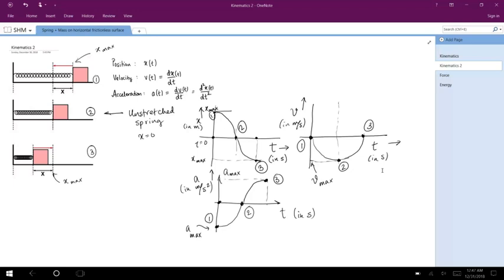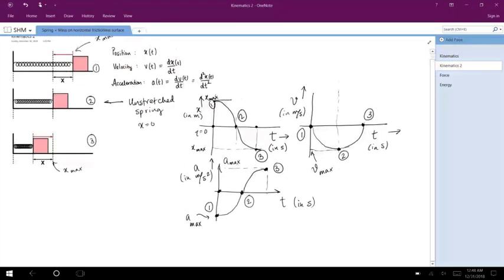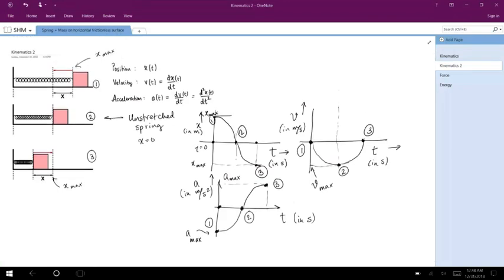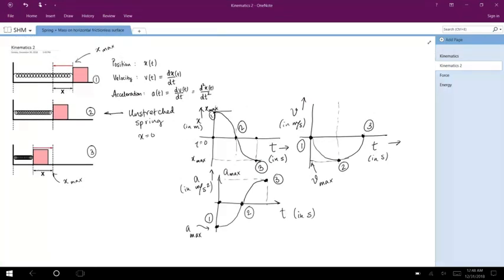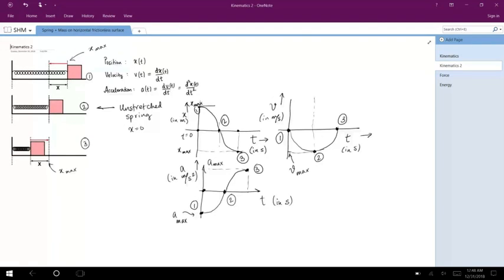So far we have come up with our position as a function of time, velocity as a function of time, and acceleration as a function of time plots. But these are quite qualitative. So now we're going to try to make it a little more rigorous by thinking about the force that is acting on the block at some point.